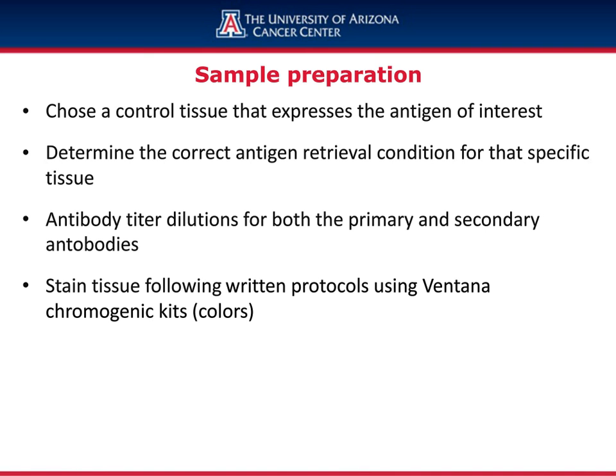The second step that I go through is to determine the correct antigen retrieval condition. I have 5 antigen retrieval conditions that I have to go through to determine which one is going to demonstrate good nuclear staining, good cytoplasmic staining, or both cytoplasmic and nuclear in some cases.